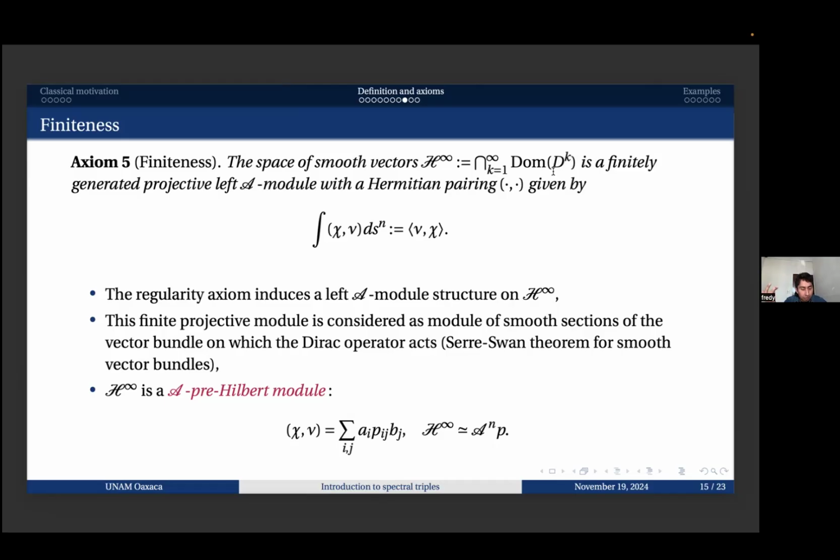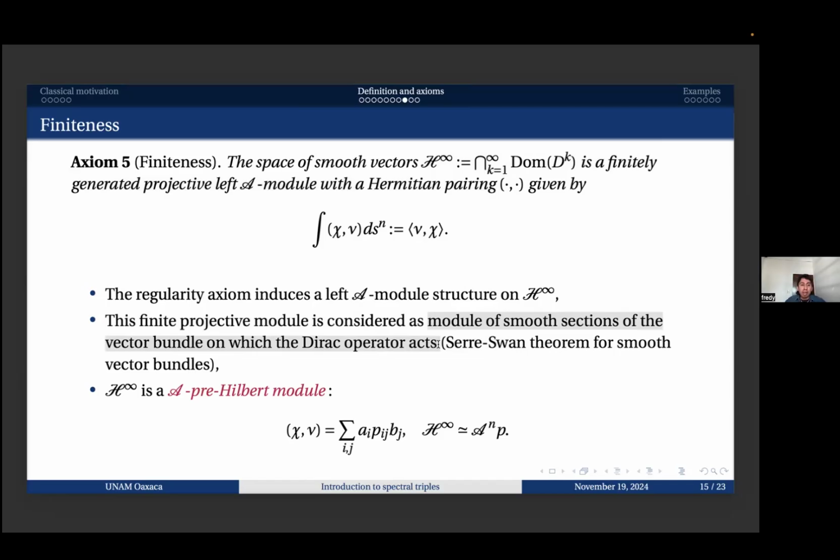In the classical setting, this H infinity, which is the intersection of the domains of the powers of the operator, corresponds to the module of smooth sections of the vector bundle on which the Dirac operator acts.